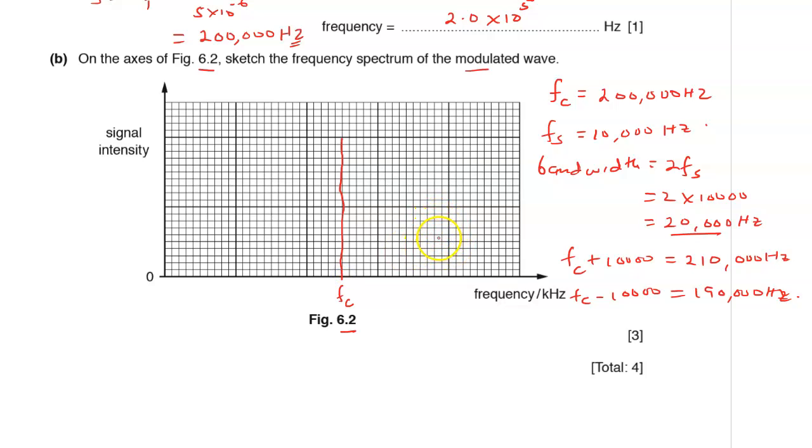Then the frequency for Fc plus F signal, I can plot it here. And then Fc minus F signal, plot it here. So then, of course, I've sketched the frequency spectrum of the modulated wave. It's from 190 kilohertz to 210 kilohertz. Bandwidth is 20,000 hertz.